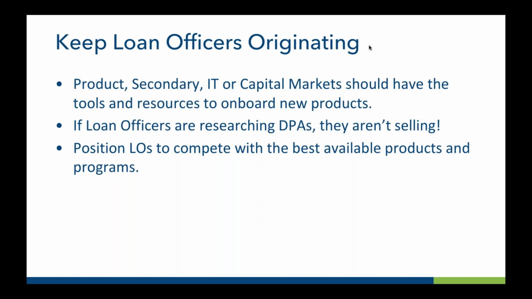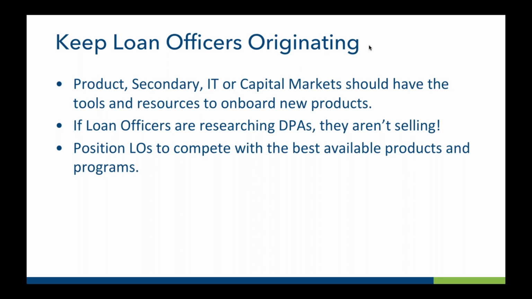I ask that because what is that loan officer not doing if they have to go research a DPA and document that for the product team? They are not selling, they are not originating, and that's what they should be doing, right? Now, that's not to say there's a right way or a wrong way.